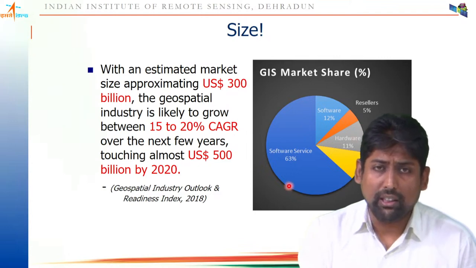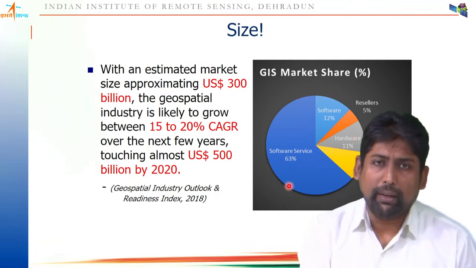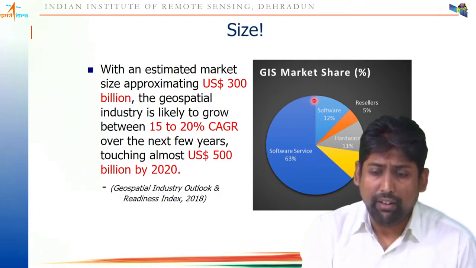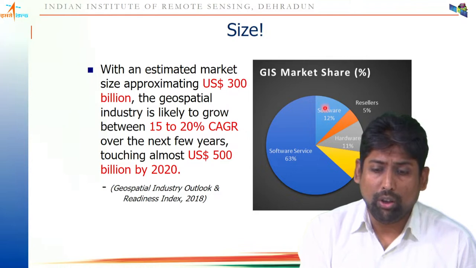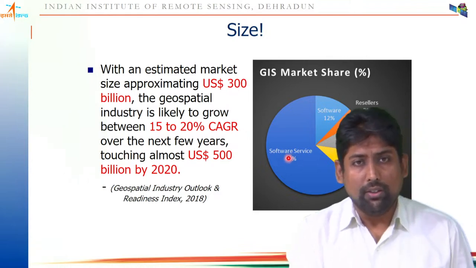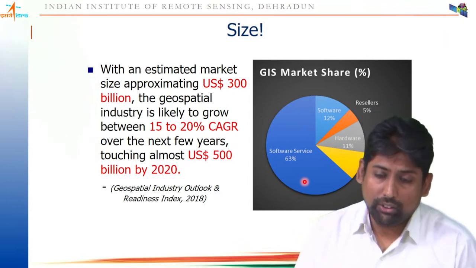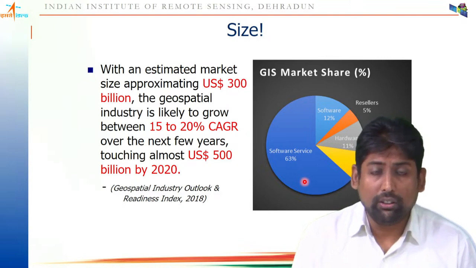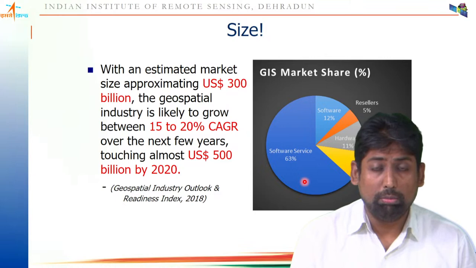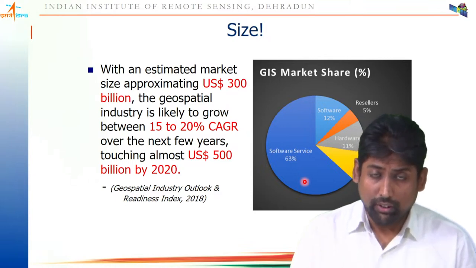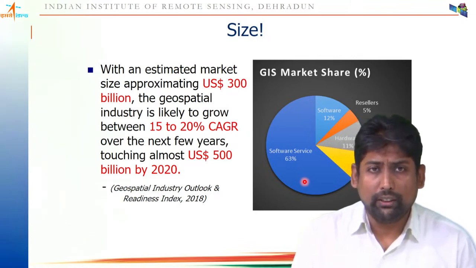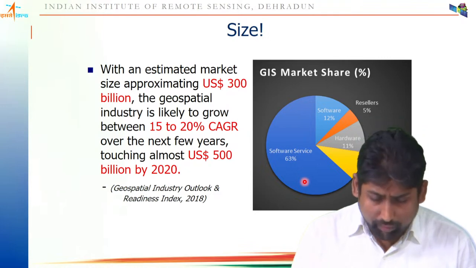If you look at the pie chart here on the right, you will see that around 75% of the market share belongs to software and software services. So out of the 300 billion US dollars, about 75%, which is more than $200 billion, goes into software and providing software services. And that is why open source softwares are a very important thing in this domain.